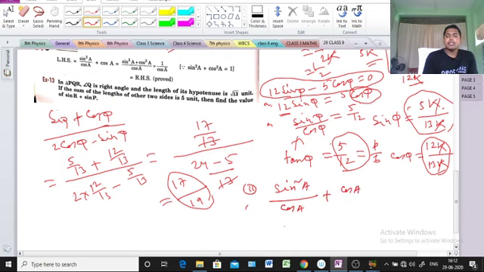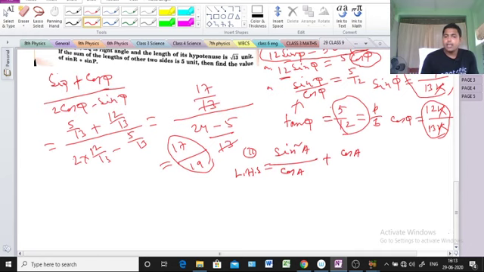This is given, and we will prove that it equals 1 by cos a. So this we can consider LHS, means left hand side. Now we prove the right hand side, RHS. This is LHS given, and we prove RHS, 1 by cos a. Clear? Now see the simplification.